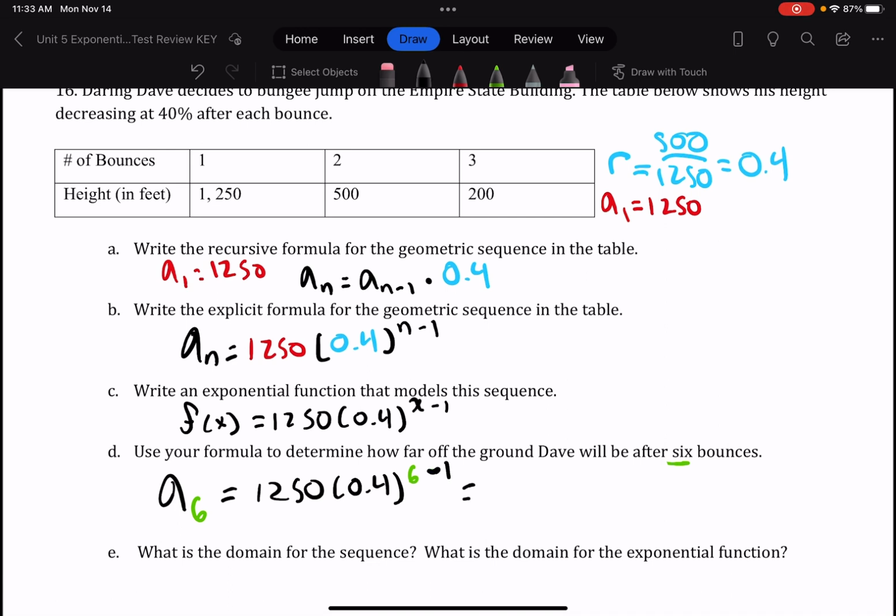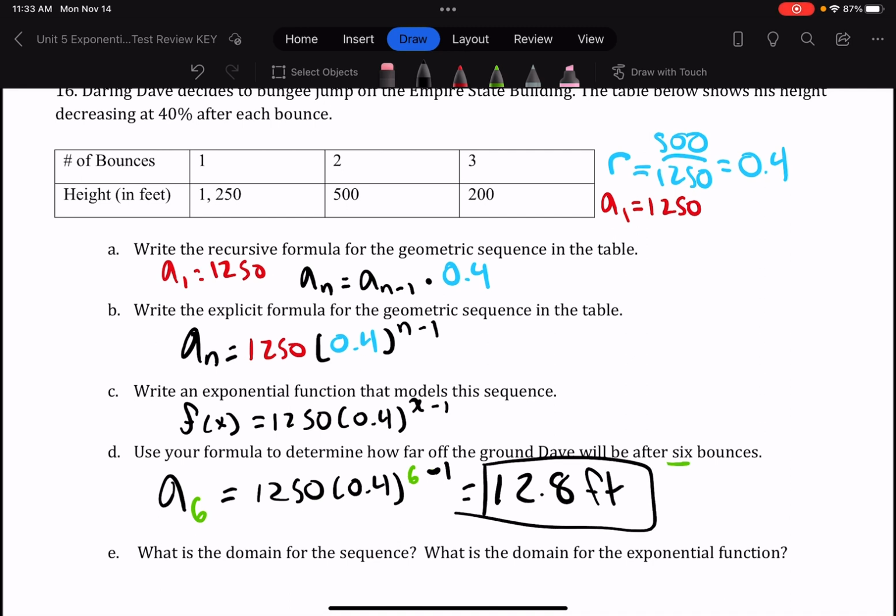If I plug that in my calculator, I need to make sure that I have in my exponent 6 minus 1, and that's going to give me 12.8 feet. So after 6 bounces, he's going to be 12.8 feet in the air.